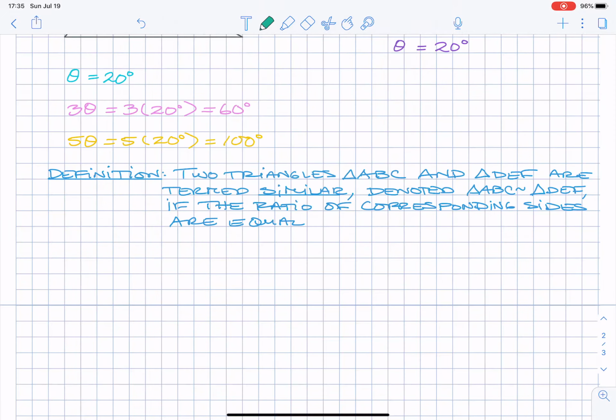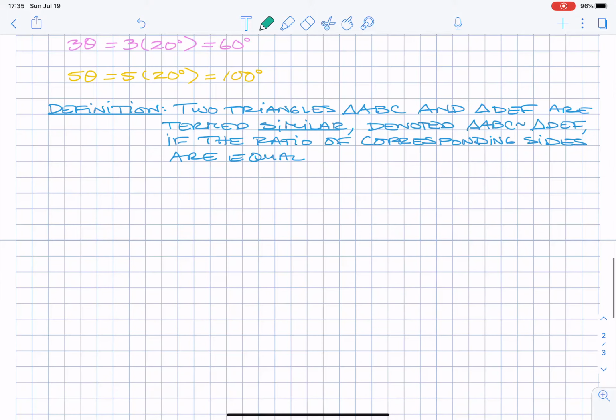Okay, so let's note something. So note: similar triangles have the same interior angle measures.